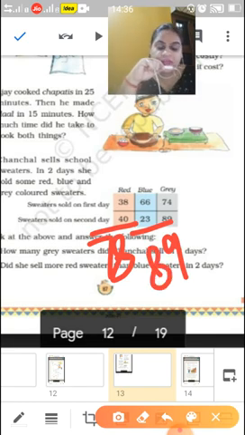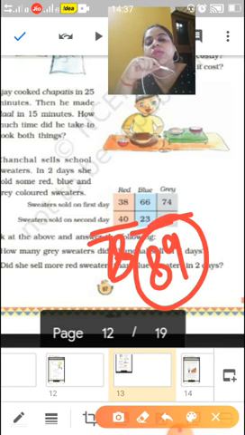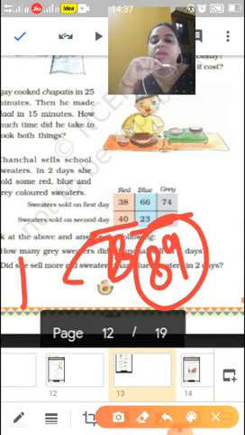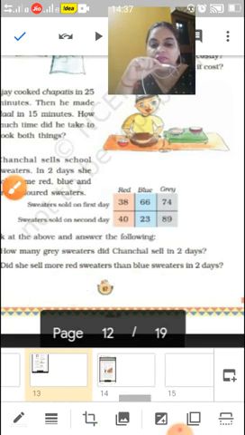So they are asking, did she sell more red sweaters than blue sweaters? So your answer should be no, because 89 is more than 78 and 89 is of blue. And they are asking whether more red sweaters were sold than blue. So your answer should be no. Understood?